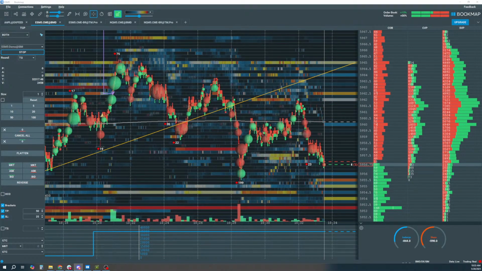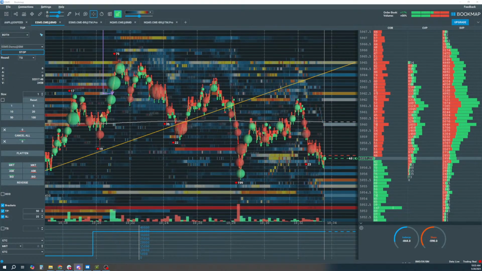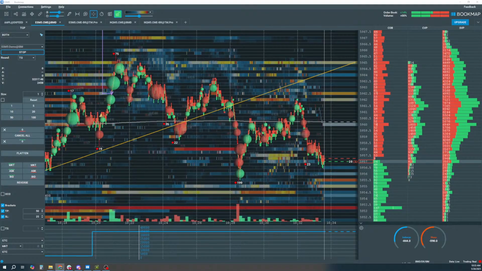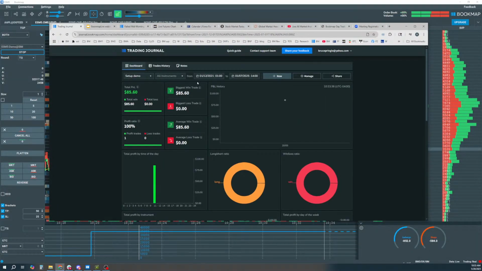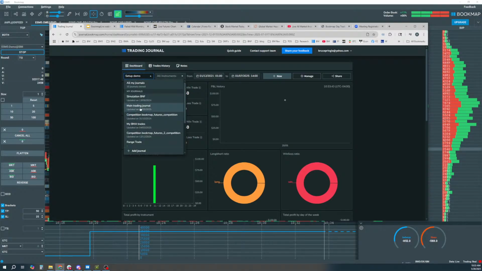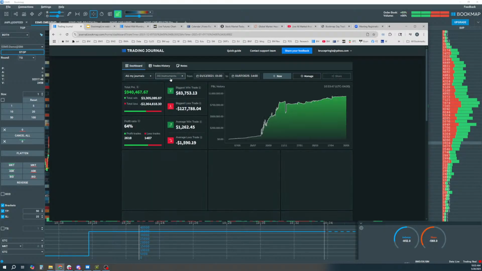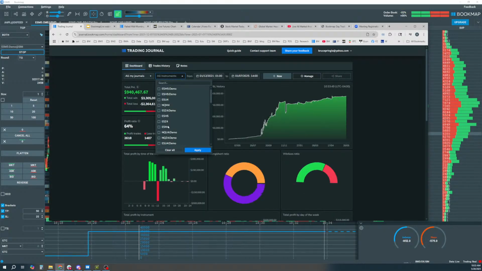And again, what's so nice about the trading journal is you can come back in and select all sorts of different things. Time frames. You can select different journals, and you can select all journals. Okay? And then you can select different instruments within the journal as well, or all journals.